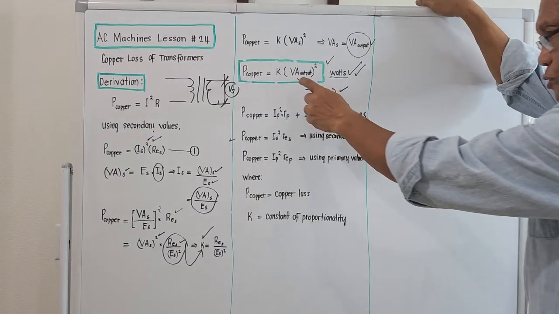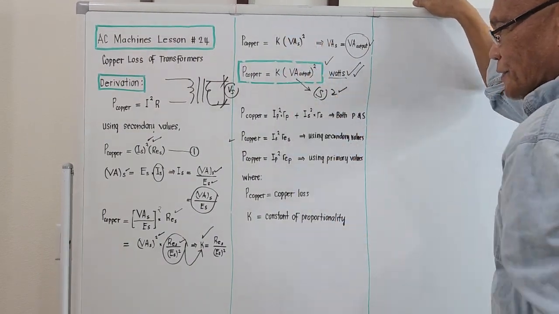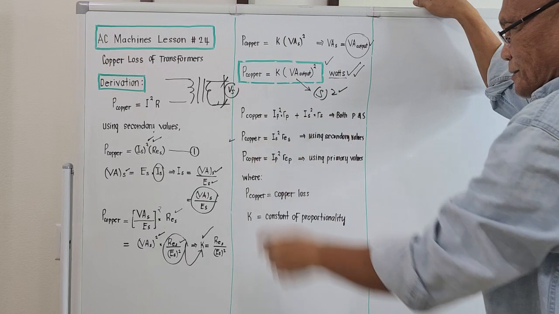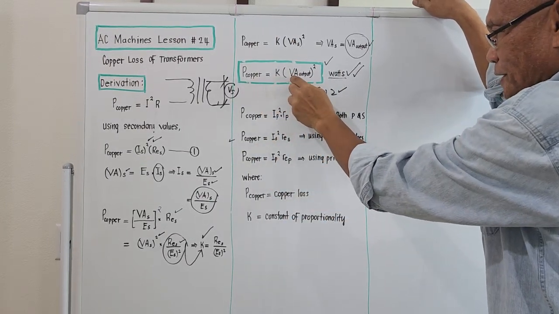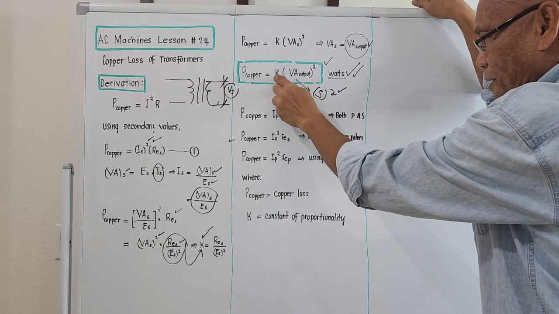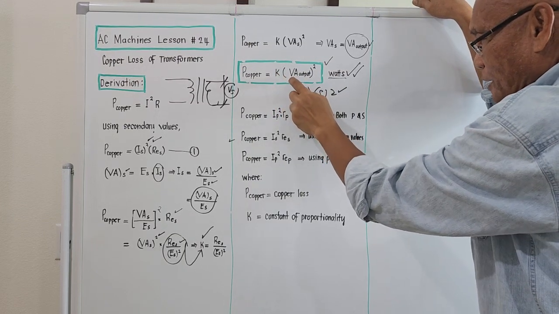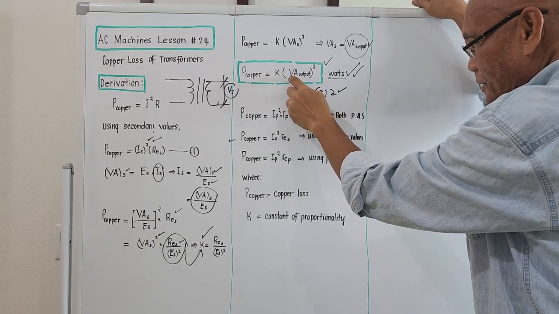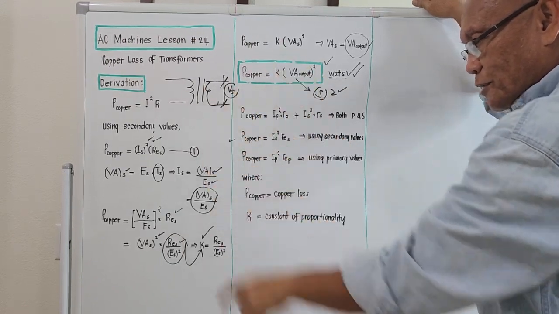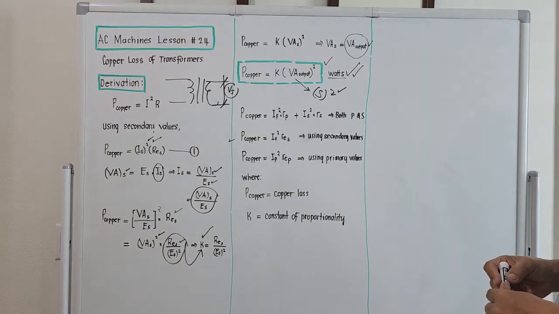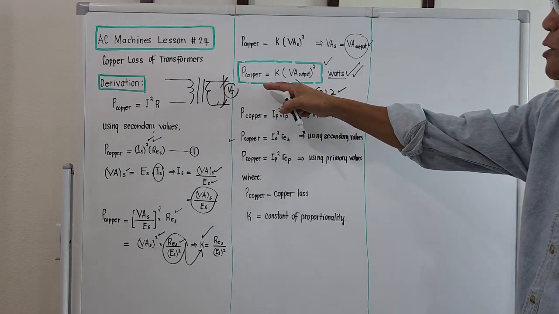You can use this one as kVA, it doesn't matter, or volt ampere. Because in the computation of the value of K, if this is kVA, we can compute for K. But even if this is only volt ampere, you can still compute for K because you're referring to the same transformer.